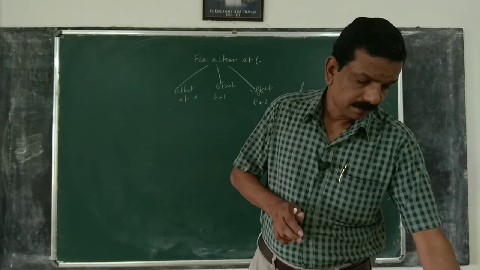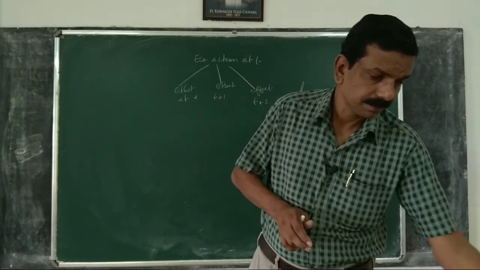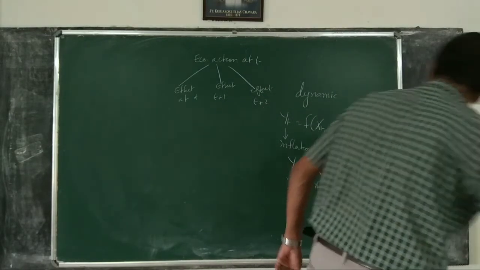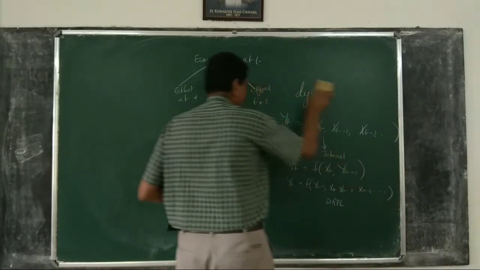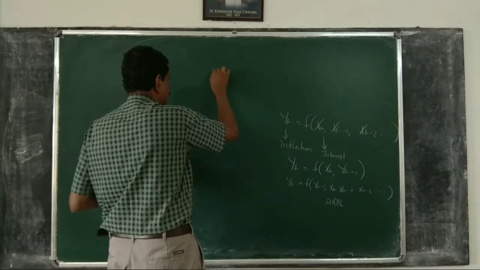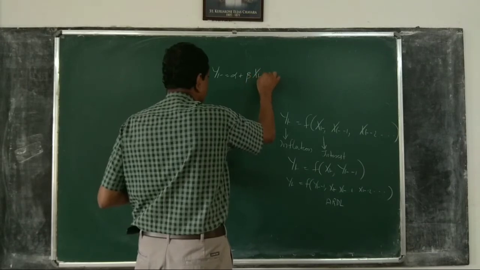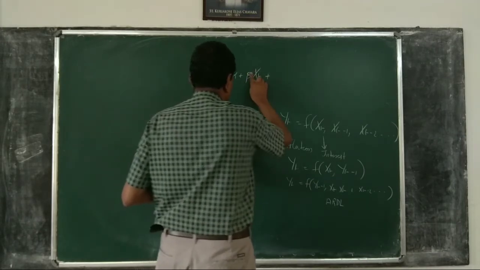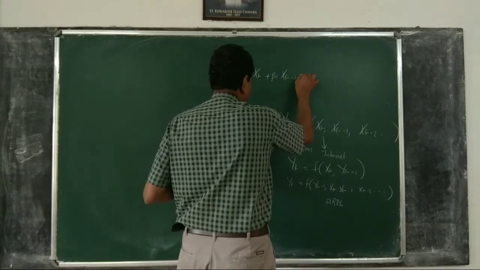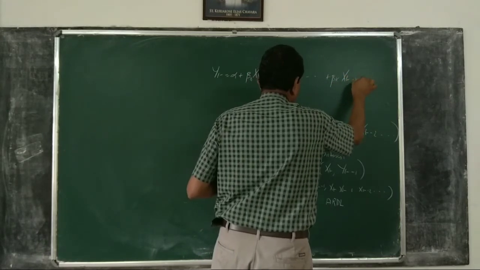To obtain further insights about the nature of dynamic relationship, consider a distributed lag model like this. Suppose that yt is equal to alpha plus beta 0 xt plus beta 1 xt minus 1 plus etc. beta k xt minus k plus ut.